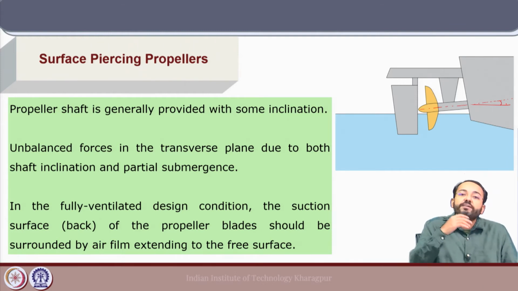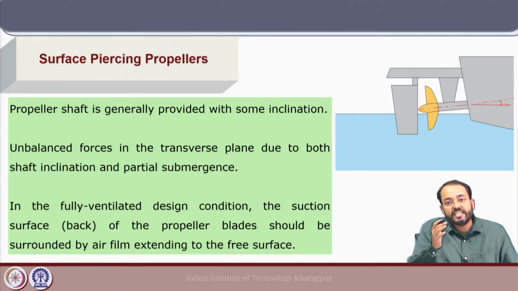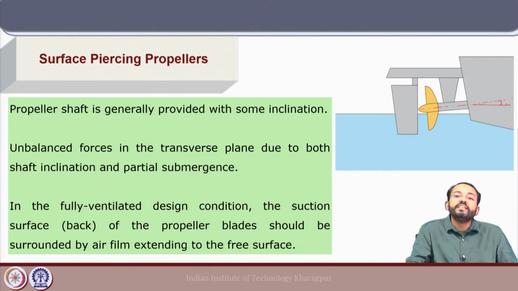And also because the propeller enters and leaves the water surface during each revolution, there will be additional transverse forces which are unbalanced, and these have to be taken care of in the design of surface piercing propellers.